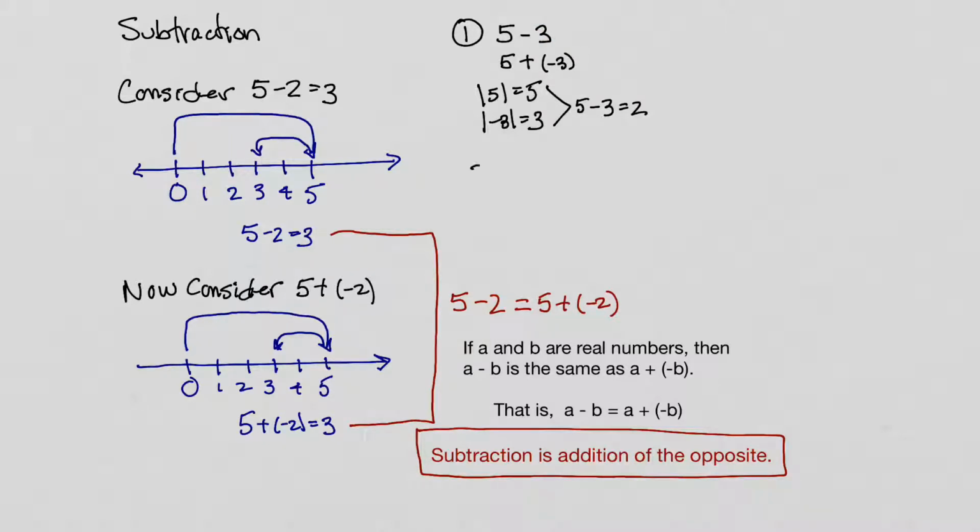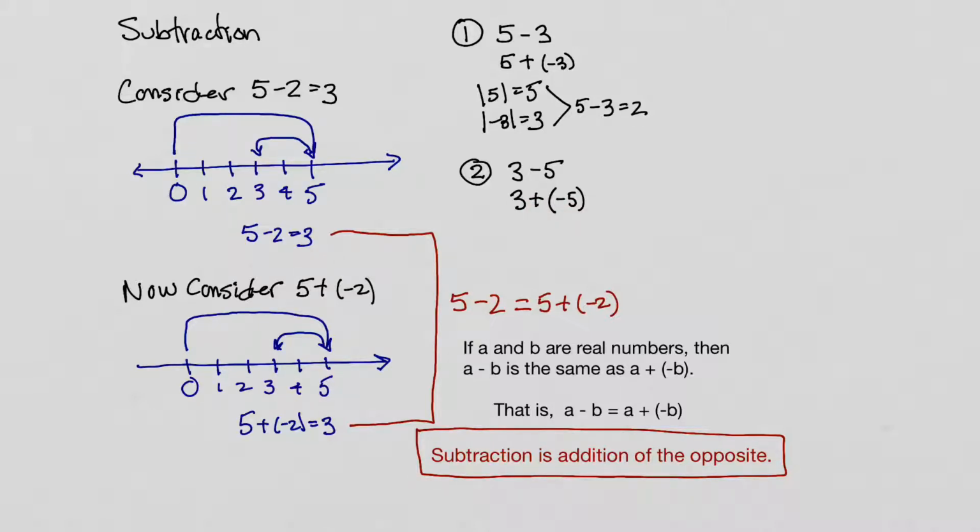But now, let's try number 2. What if we do 3 minus 5? Now what we're going to do is change subtraction to addition of the opposite. We're going to have 3 plus, there's subtraction to addition. The opposite of 5 is negative 5. Now we are adding two numbers with opposite signs. So we find their absolute values.